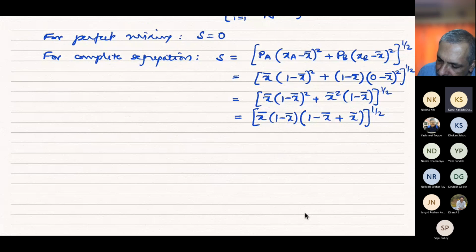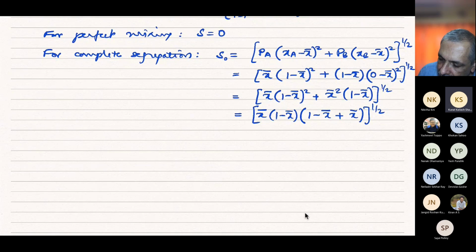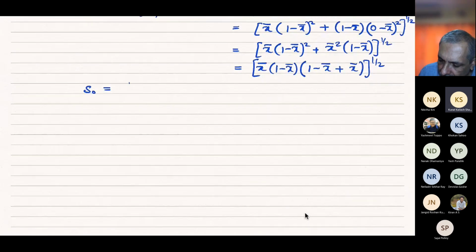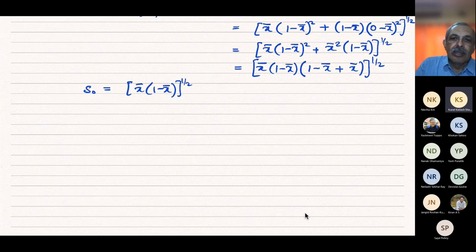So if I call this S0, and let's call this S infinity, then for complete segregation, your S0 is just going to be equal to x bar into 1 minus x bar, raised to the power half.